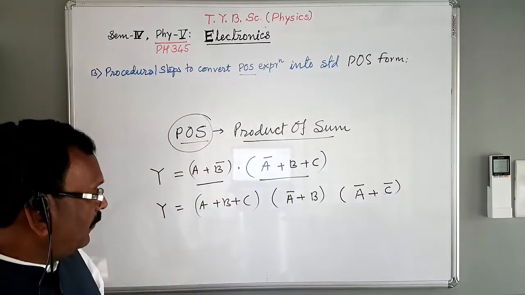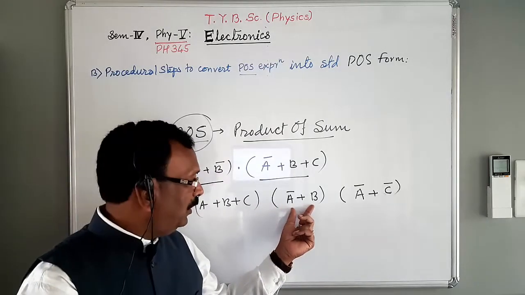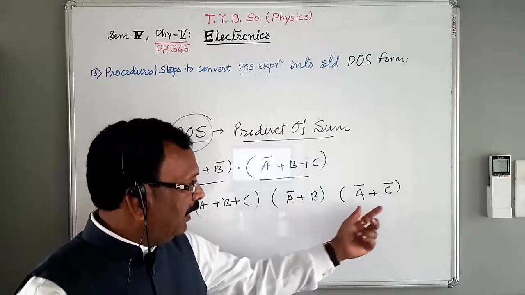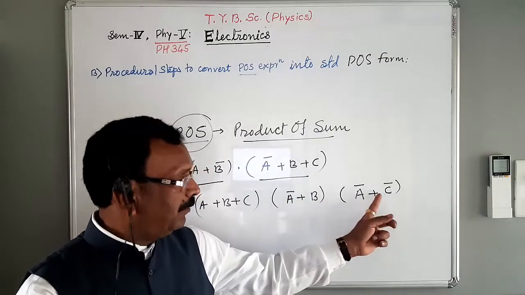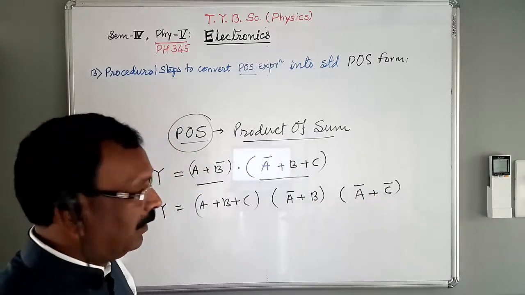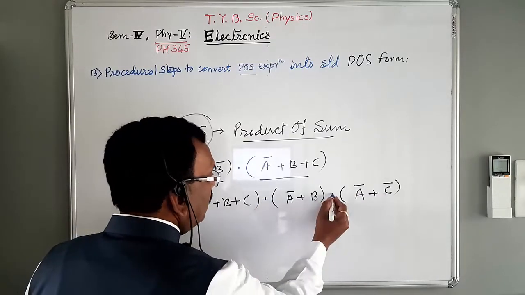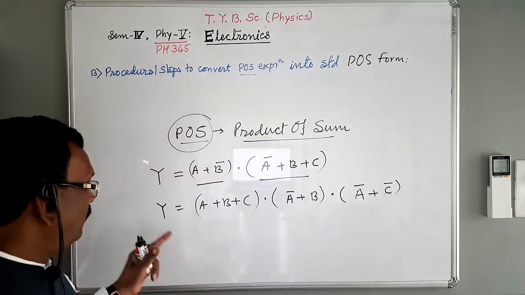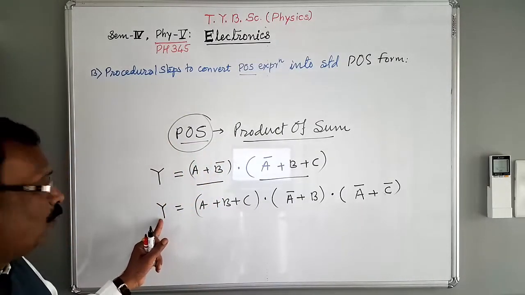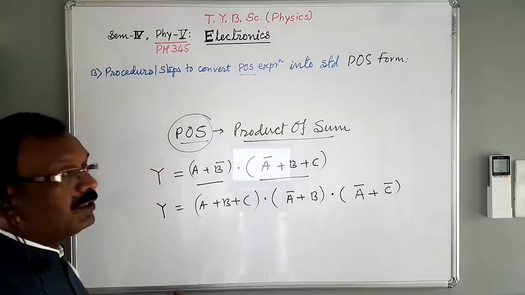Now see here, this is the sum term of three inputs. This is the sum of two inputs, A bar plus B. This is also a sum of two inputs, A bar plus C bar. And now when we take the product of these three terms, we have the expression Y is equal to this into this into this. This is also another example.